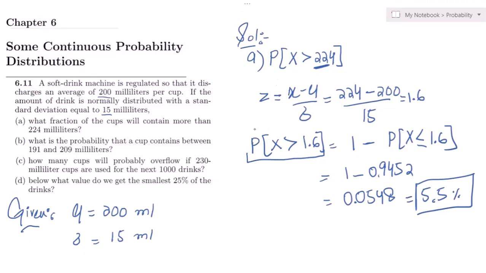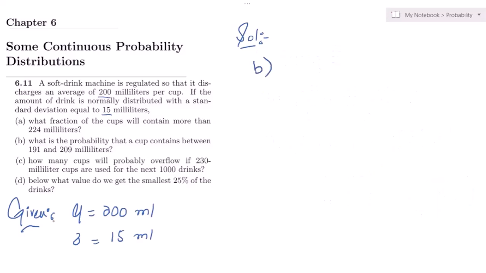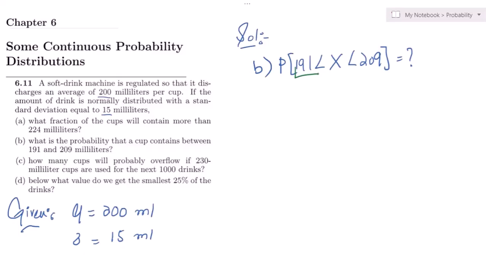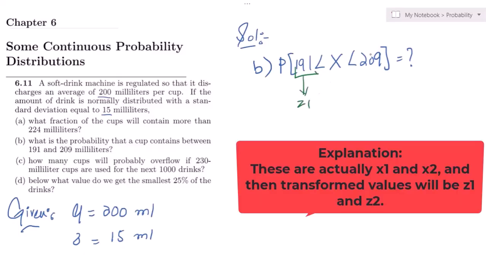Let me move to part B. In part B, what is the probability that a cup contains between 191 and 209 milliliters? So we want to find the probability that x is greater than 191 and less than 209. Let me call these values z1 and z2.